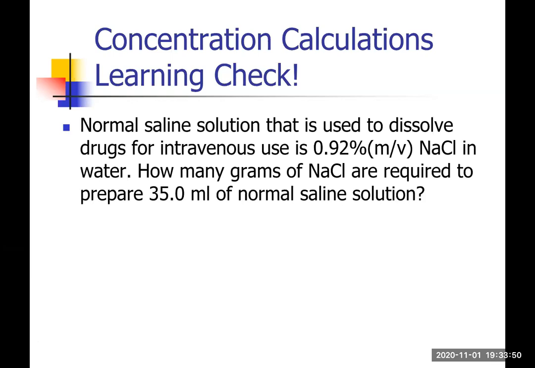This problem says that normal saline solution is used to dissolve drugs for intravenous use, and it is 0.92% mass by volume sodium chloride in water. That means that sodium chloride is our solute, and so I'm going to start taking notes over here. Water is our solvent. I know that the mass by volume percent is 0.92.